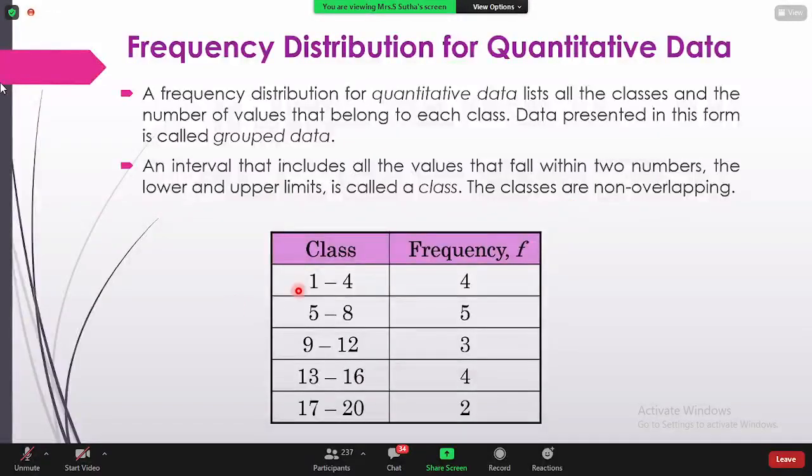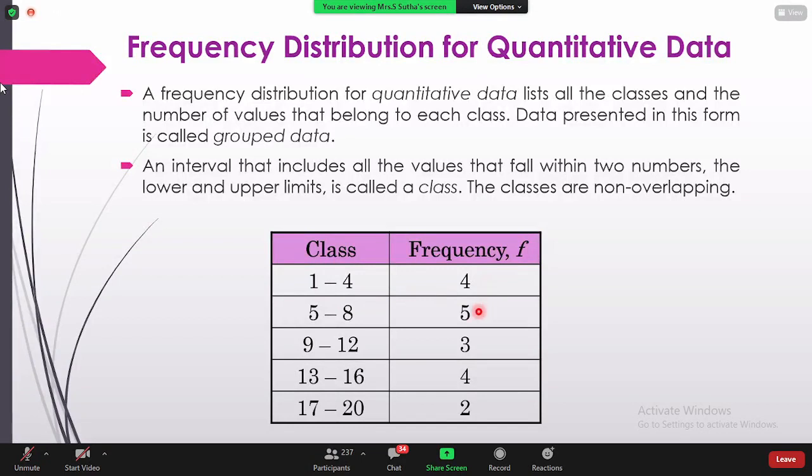For example, look at the class 1 to 4. What is the meaning of this? The numbers from 1 to 4, including 1 and 4 and in between, occurred 1 time.